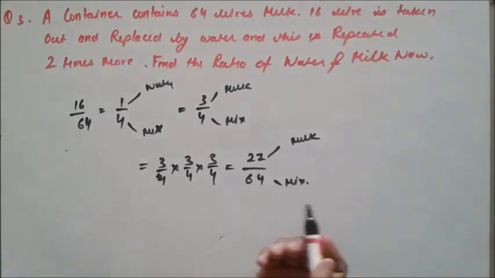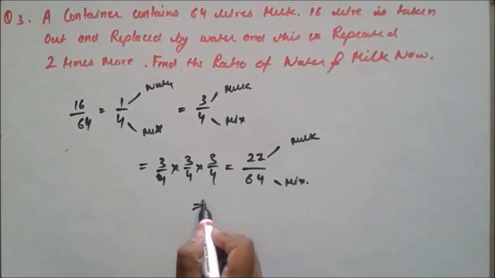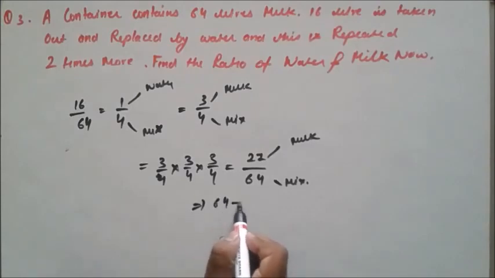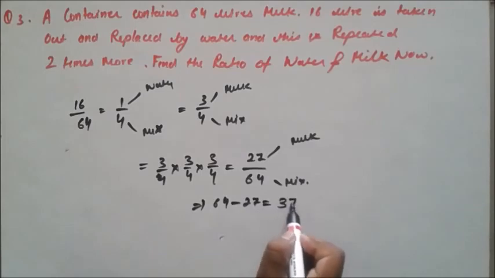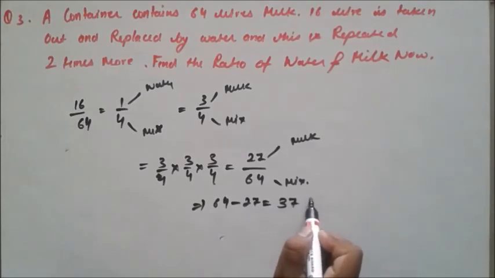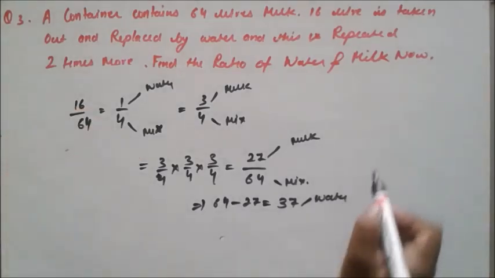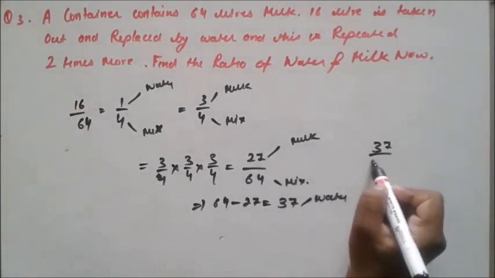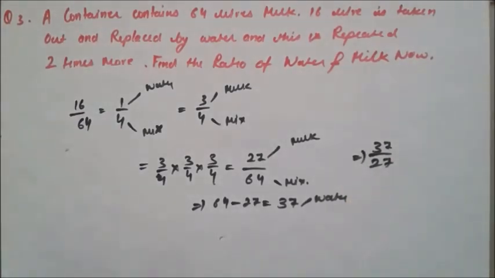Now we can calculate the quantity of water by subtracting 27 from 64. It will become 37. So 37 is the quantity of water. Now we have to calculate the ratio of water by milk, 37 by 27. So it is the final ratio. Friends, let's move to the next question.